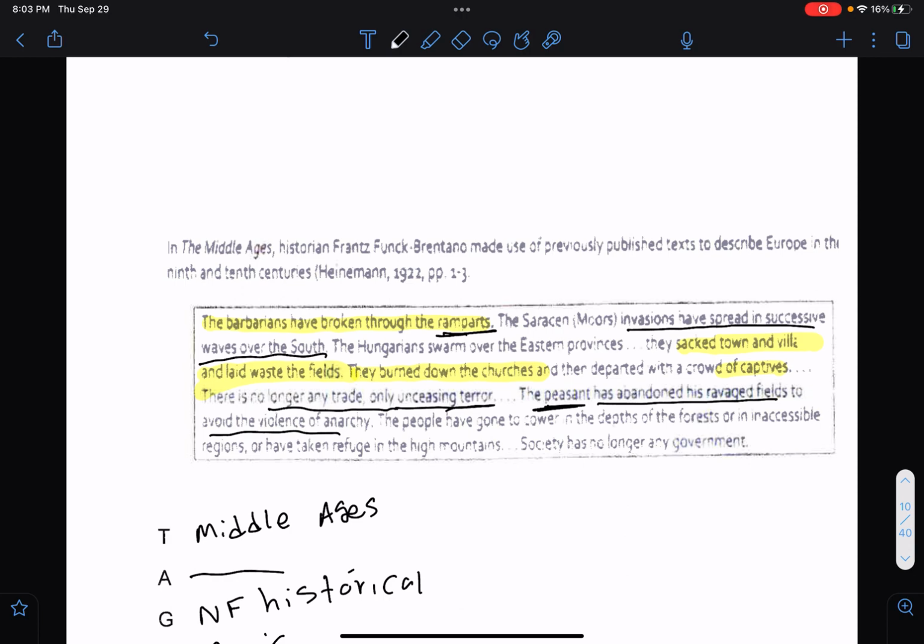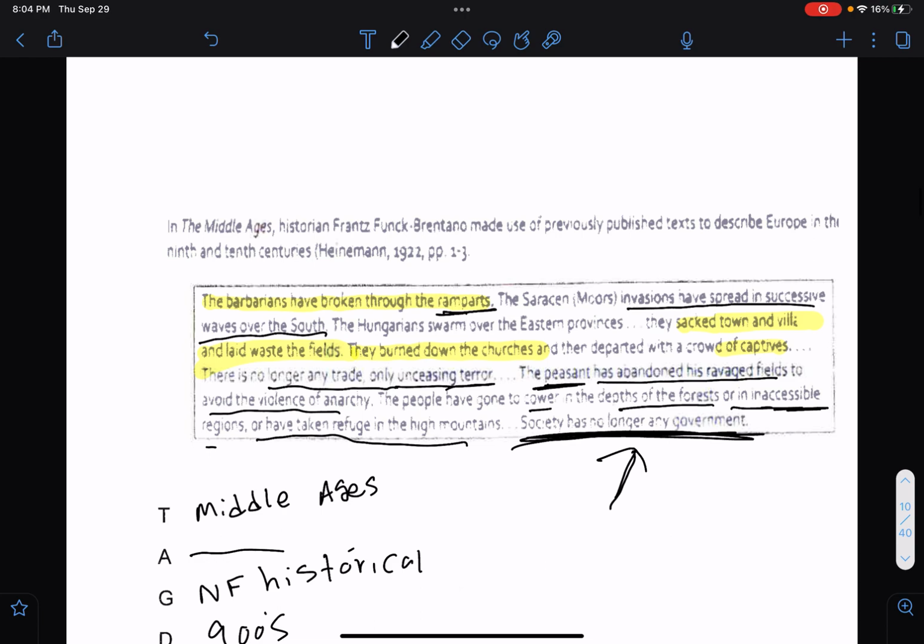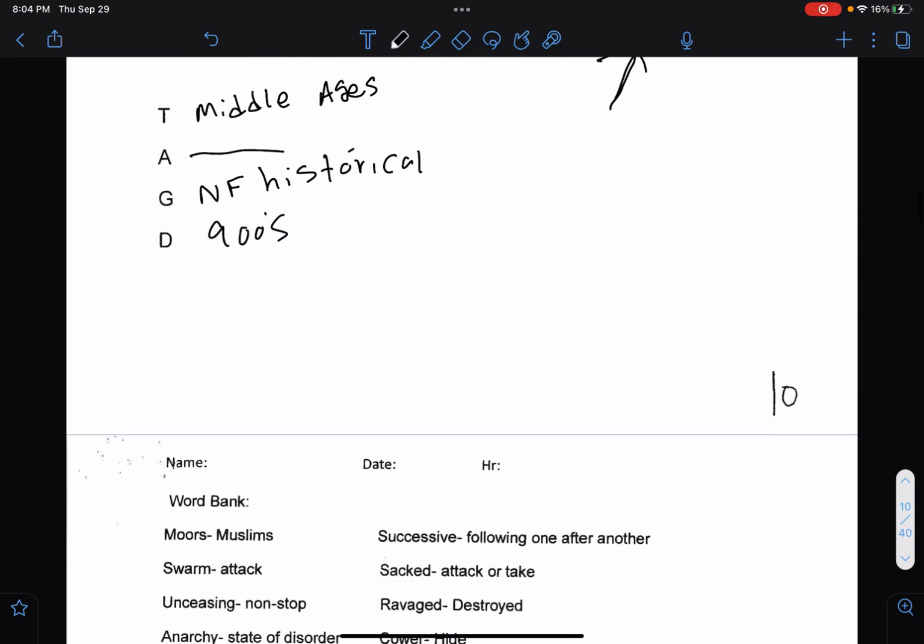The people have gone to cower or hide in the depths of the forest or in inaccessible areas where you can't reach them easily, or have taken refuge in the high mountains. Society no longer has any government. Okay, so this is a problem, right? This is one of the reasons why feudalism developed, because people needed to bring stability back to Europe. So that is source 2.